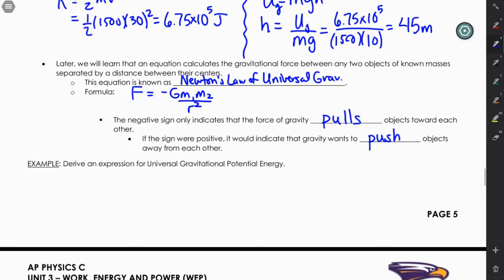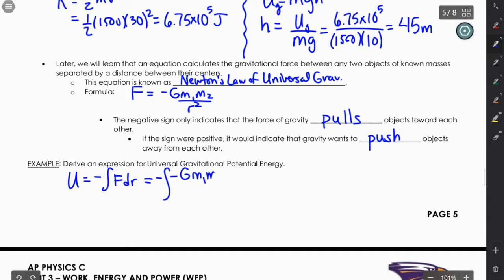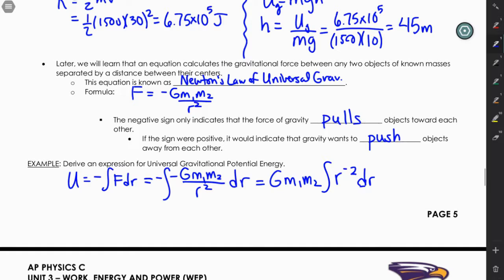Here's an example of deriving an expression for a universal gravitational potential. We know that U is the negative integral of F dr. We're going to call it r because we're using r in our formula there. So we have negative integral of G M1 M2 over r squared dr. We can do some simplifying and pull out that G M1 M2 and that negative, which turns everything positive. Rewrite this as r to the negative 2, which makes it easier to work with.